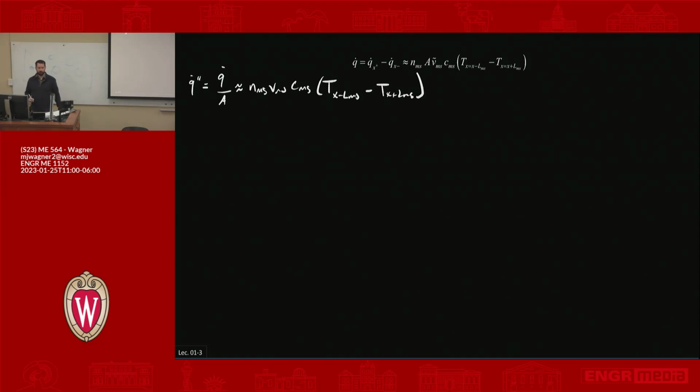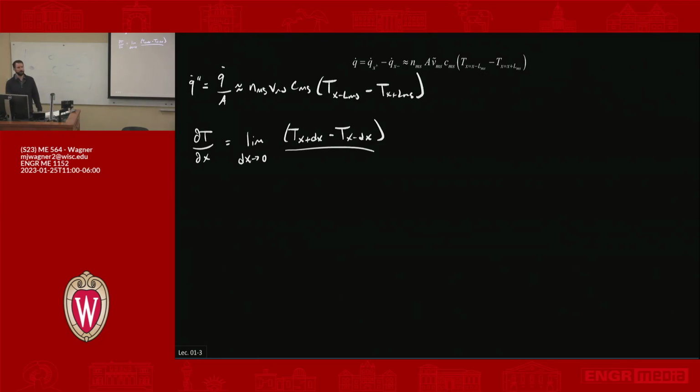Okay, the next step is let's use the definition of a derivative. Remember back to Calc 1, something like that, pre-calc. The definition of a derivative is dT/dx equals the limit as dx goes to 0 of the temperature difference, so T at x plus dx minus T at x minus dx, divided by the distance.